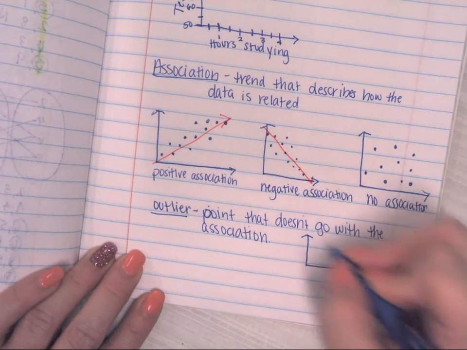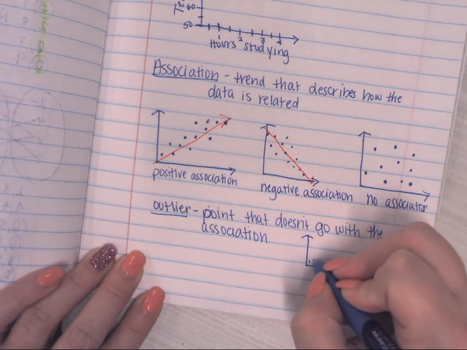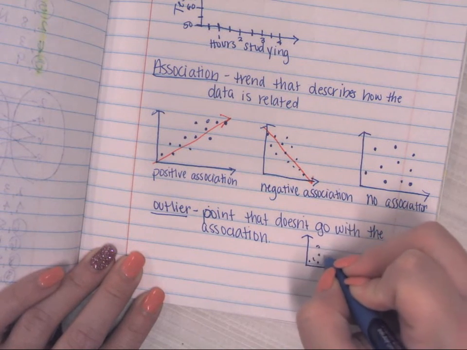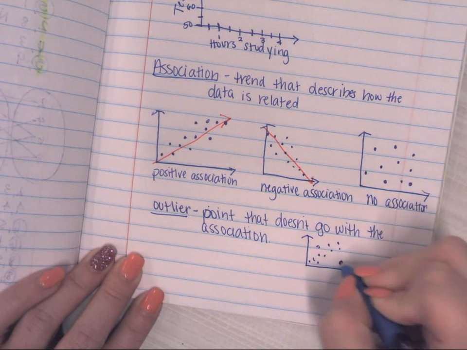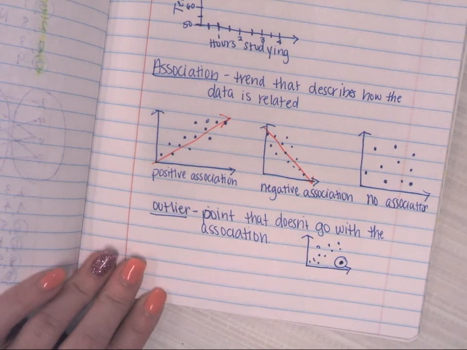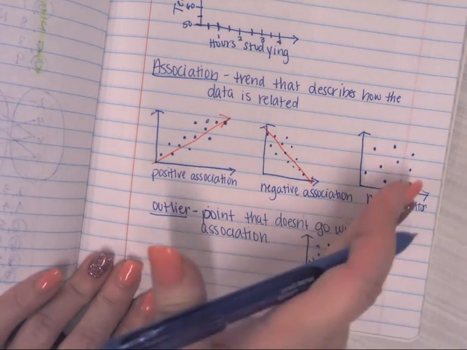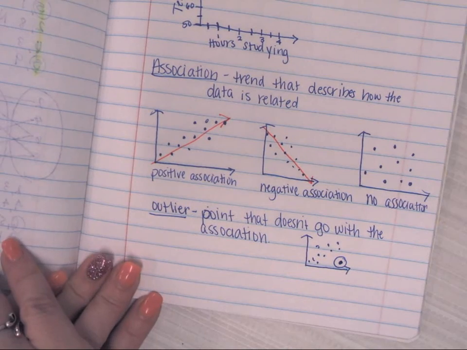So if I have let's say a positive trend, my outlier would be out to the side. Okay, it's one that's kind of off and away from the clustered group.